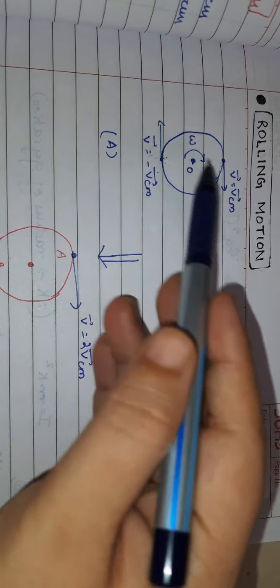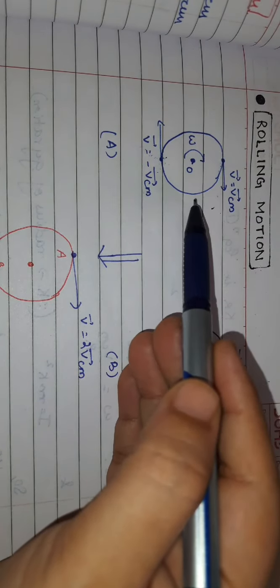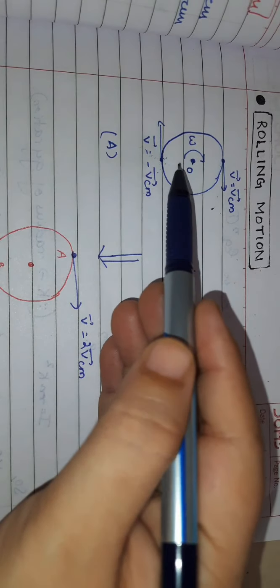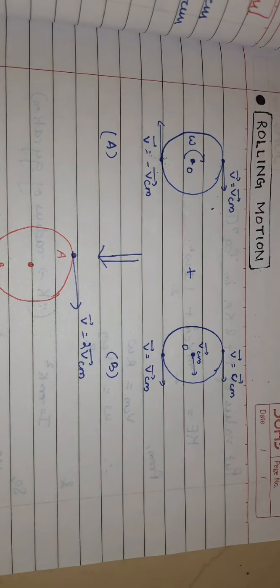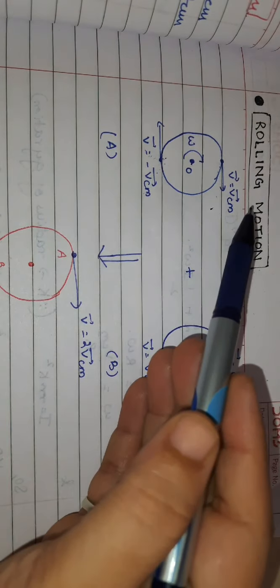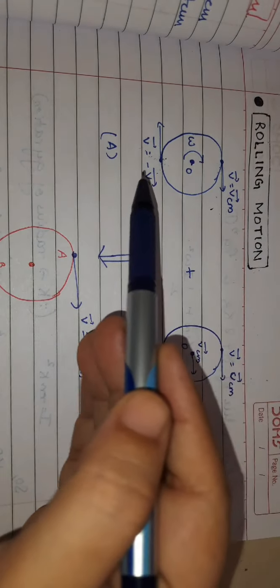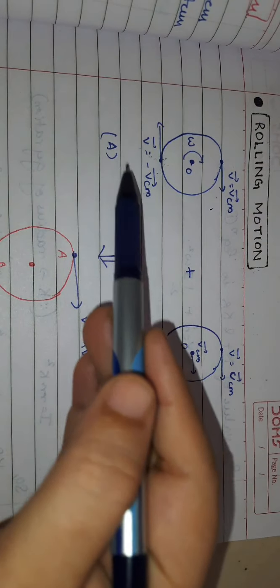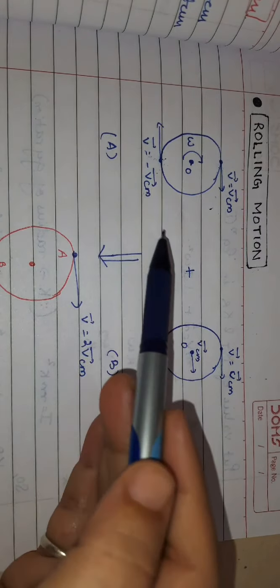The particles at the extreme ends are moving with the speed of the center of mass, and this point O is the center of mass. On the top I have written V equals VCM, whereas at the bottom I have written V equals minus VCM.